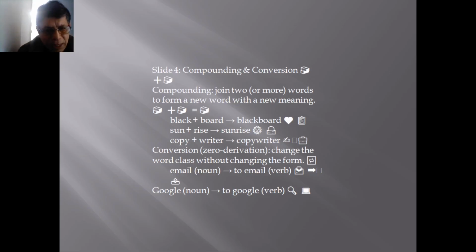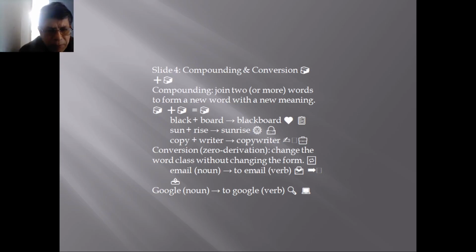Sun plus rise, sunrise. Copy plus writer, copywriter. It is to be remembered, students, when these types of words are joined, they become a single solid word. There is no space or hyphen between them. These are called solid compounds.